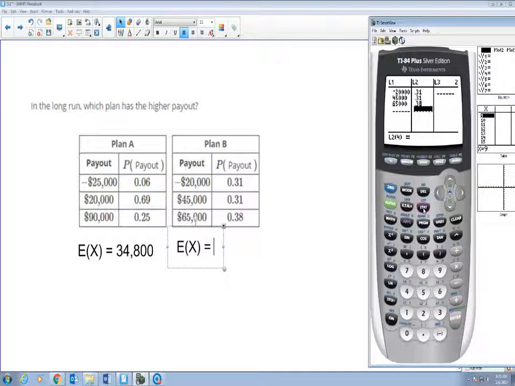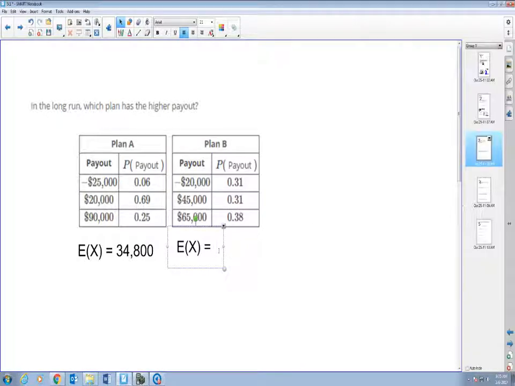Stat, calc, number one, 1-Var Stats, L1, comma, L2. 32,450. So which one has a higher payout? Which one is a better plan? My answer will be plan A. Plan A has a better payout.